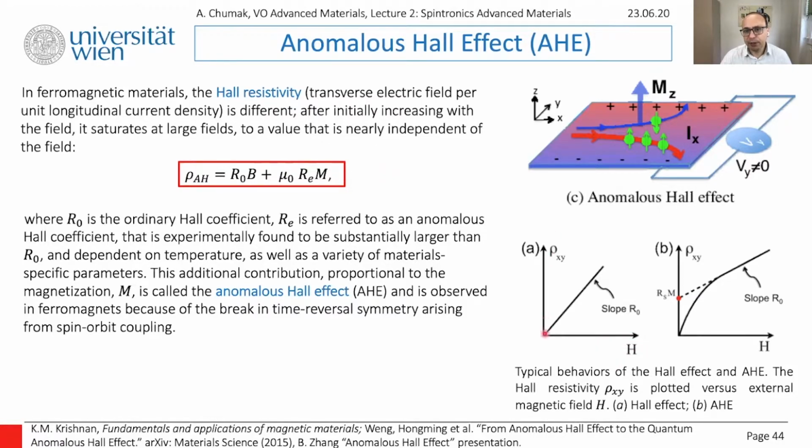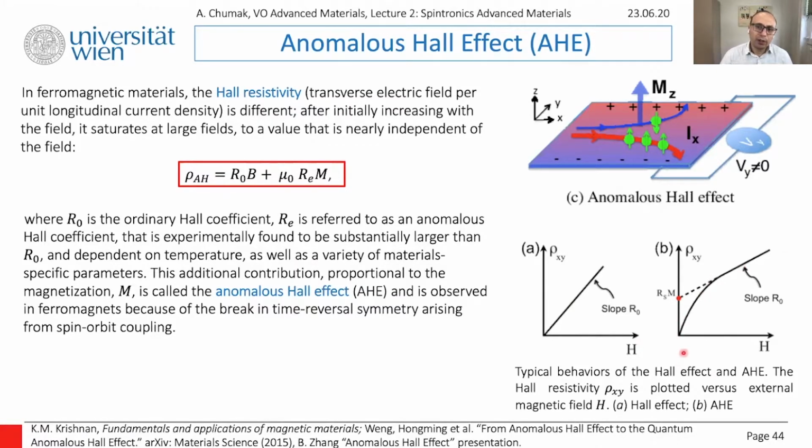So in picture A, you see the standard behavior of resistivity as a function of applied field. So it's simply linearly increasing, like we have seen in the previous formulas, or you see it also here if you replace induction with applied magnetic field H. Now, if you're switching to this panel B, which describes anomalous Hall effect, you see that this behavior is different.